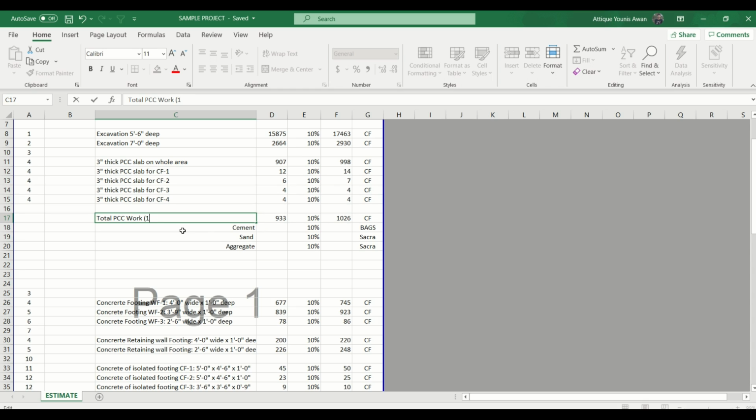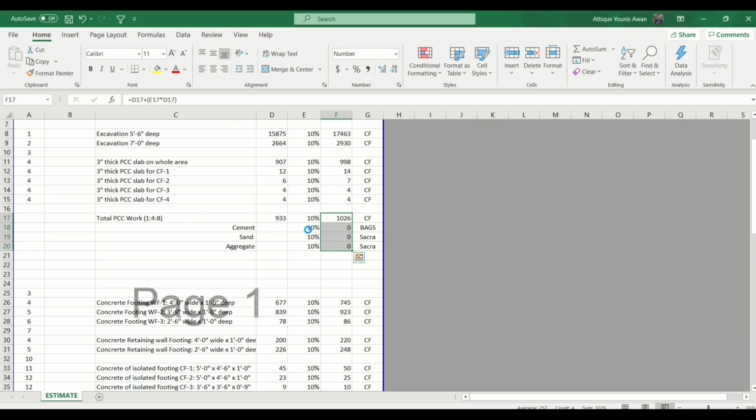The one thing we have to understand is the mix of concrete. Normally we have 1:4:8 for PCC work in our construction. To calculate the quantities of these constituents we need the ratio.